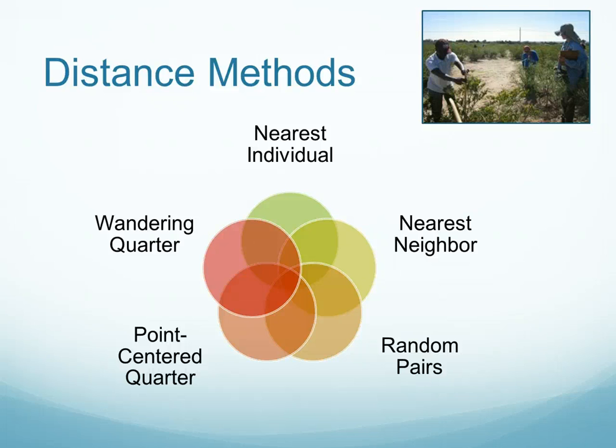The main approaches that are used for distance methods are nearest individuals, nearest neighbor, random pairs, the point center quarter method, and wandering quarter. More information about using counting methods and distance methods will be provided in subsequent lessons.